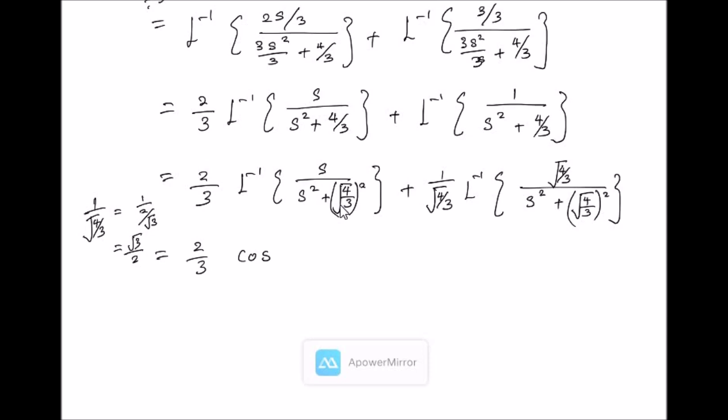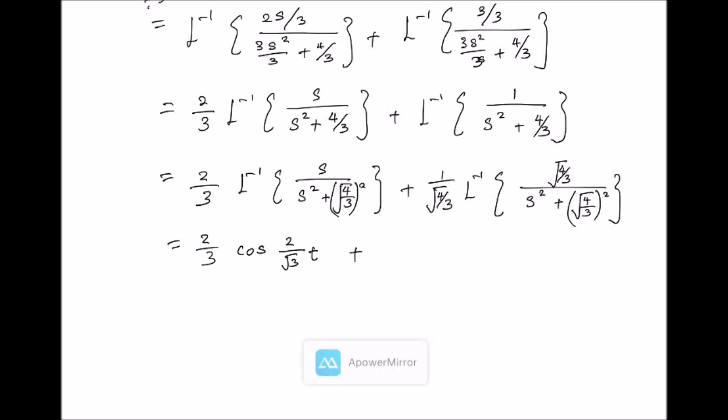So this is equivalent to 2 over 3 cos, with the square root of 4 over 3, that means it's 2 divided by the square root of 3, t.